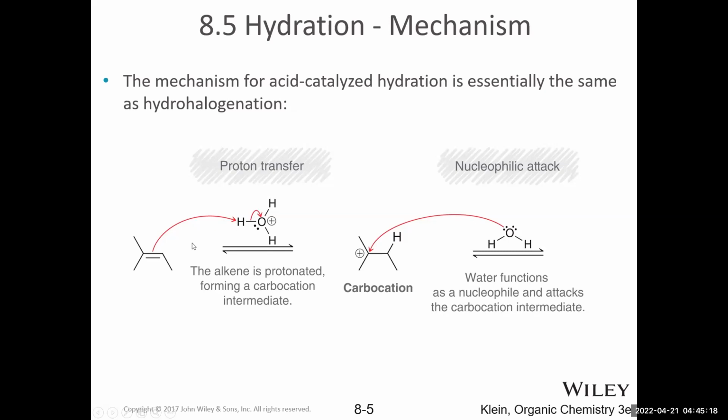Recall that the proton will selectively go to the less substituted carbon, such that the more substituted carbocation will form. So the carbocation intermediate will occur regioselectively to form the most substituted and most stable carbocation, which in this case is a tertiary carbocation.